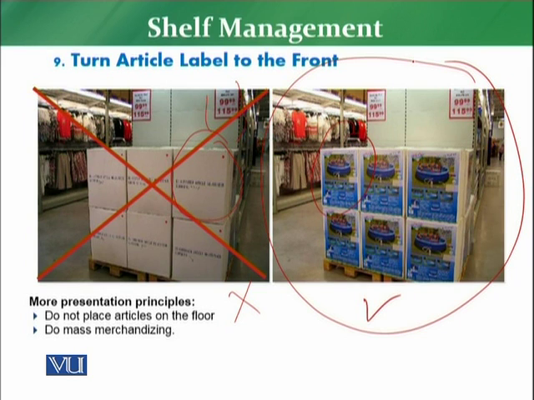And you have to keep in consideration these two points: do not place articles on the floor. Again, the basic principle is that you should have proper pallets to make product displays. The product should not touch the floor directly. And mass merchandising should be very much there, because that will create an appeal to the customer to buy the product from the retailer.